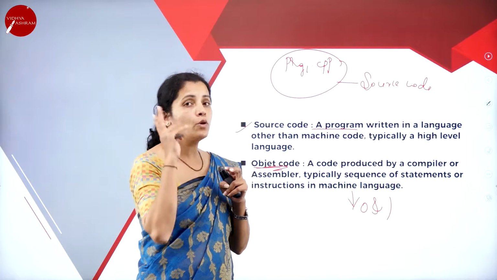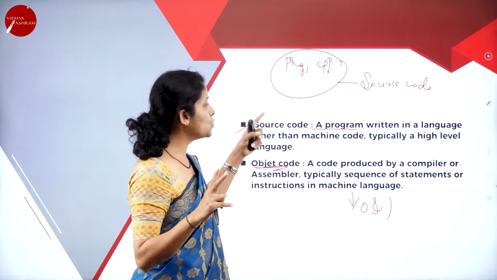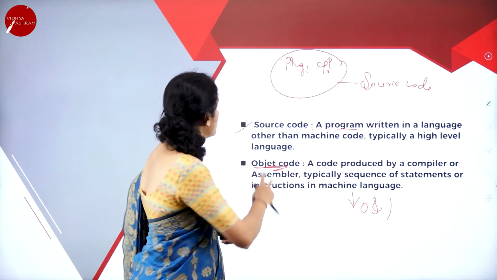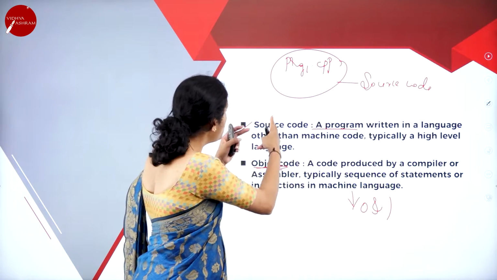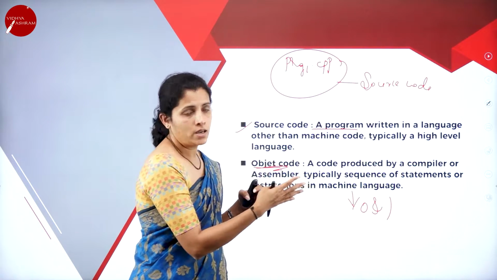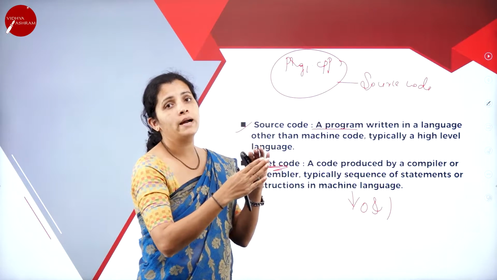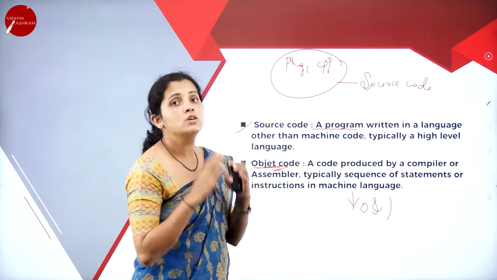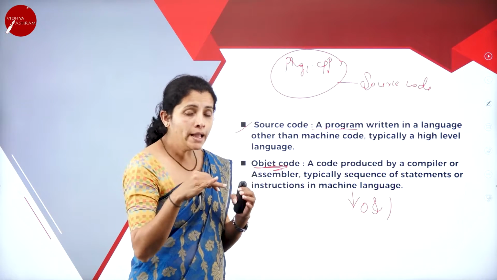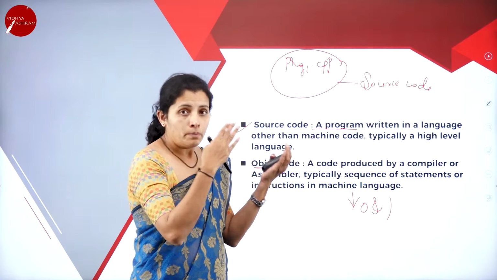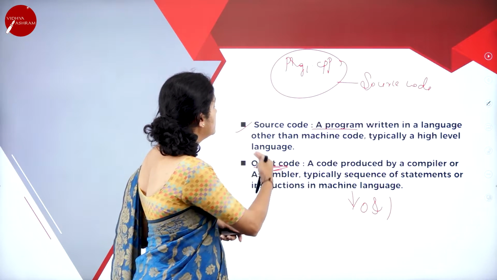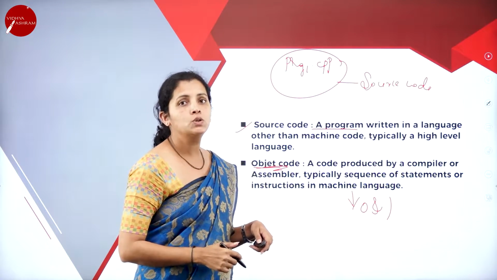So here I want you to remember two things. One is source code and one is object code. And both these are different because first what program I'm going to write, that is my source program or source code. After compiling, whatever the machine code I'm going to get, that is nothing but object code.